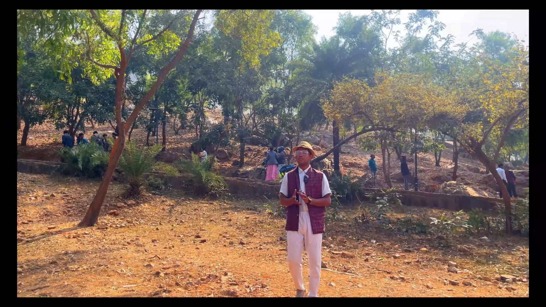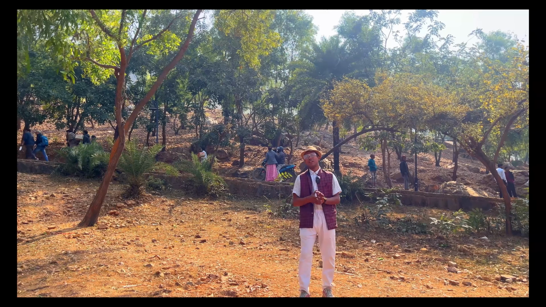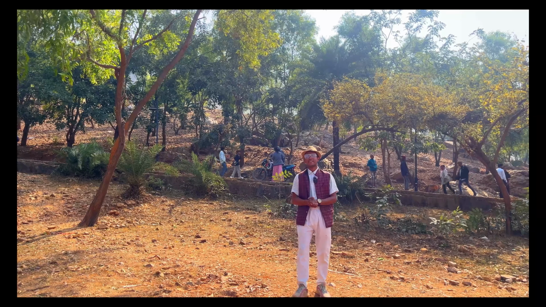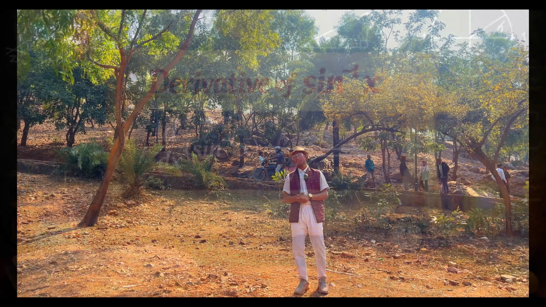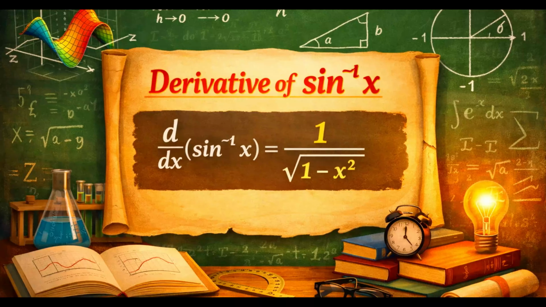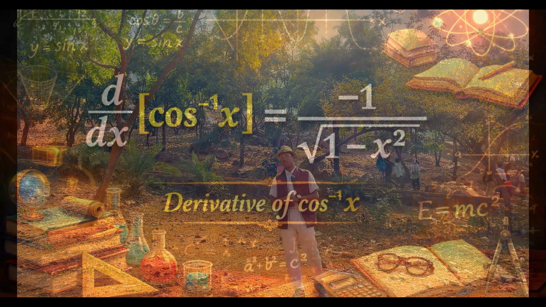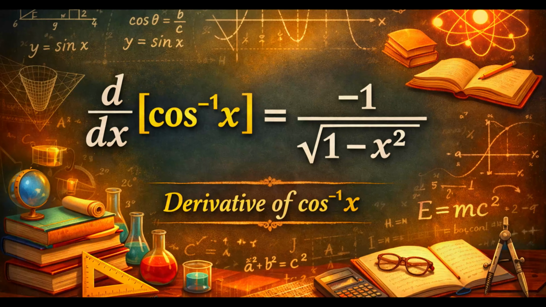Now I want to discuss the derivative of inverse trigonometric functions. The derivative of sin inverse x is 1 upon under root 1 minus x square, and the derivative of cos inverse x is minus 1 upon under root 1 minus x square.